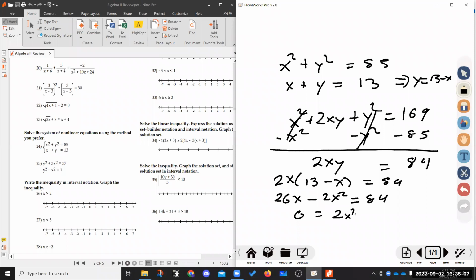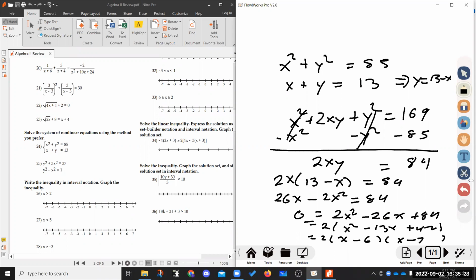0 is equal to 2x squared minus 26x plus 84. This is 2 times x squared minus 13x plus 42. Factors of 42 that add to give me 13 are 6 and 7. It's x minus 6, x minus 7.